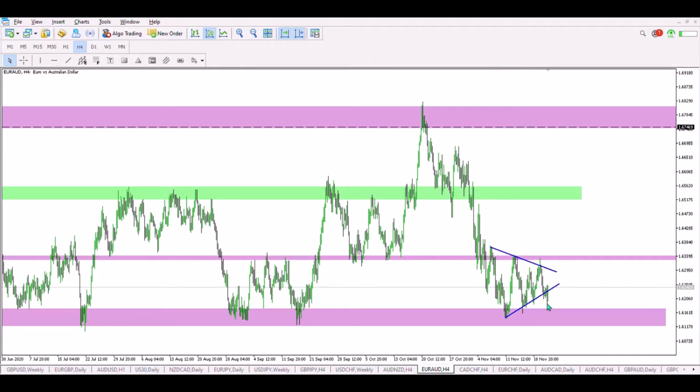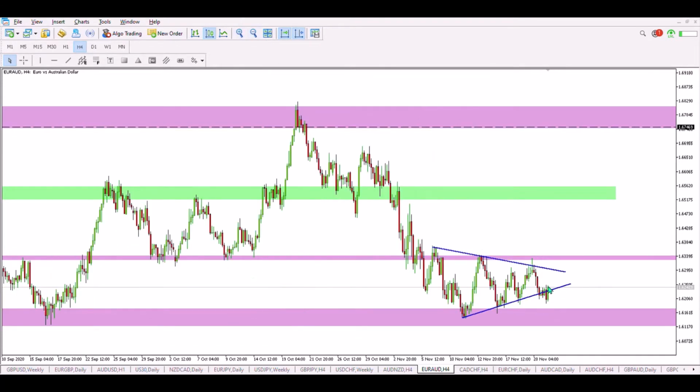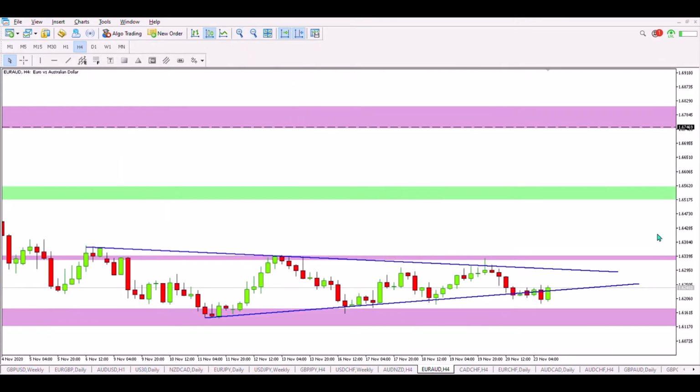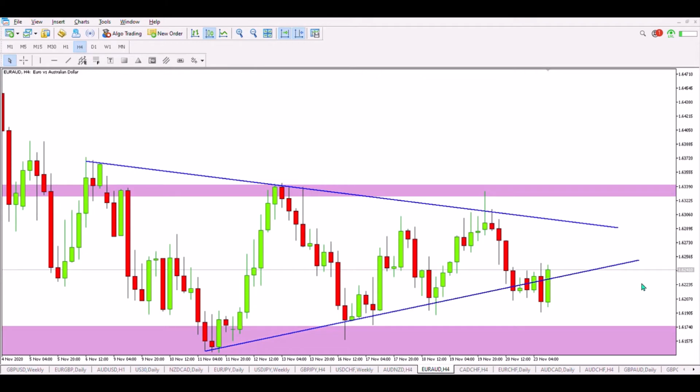And this is what I expect for this pair. Now, how do we trade these triangle patterns? We wait for a breakout below or above the trend lines of the triangle. So let's zoom in and try to see that. We had a break below these trend lines with a candle close here.